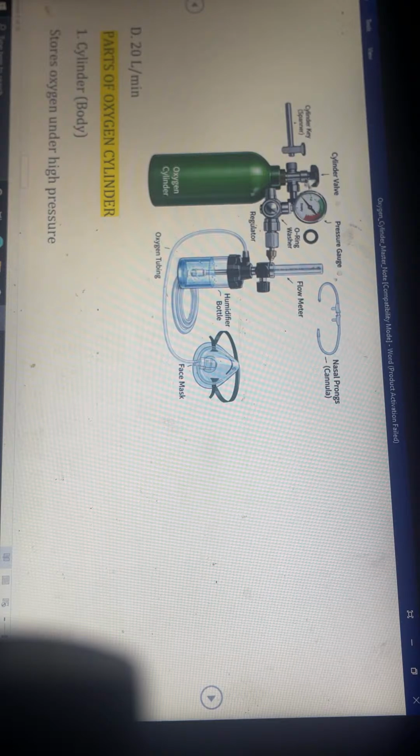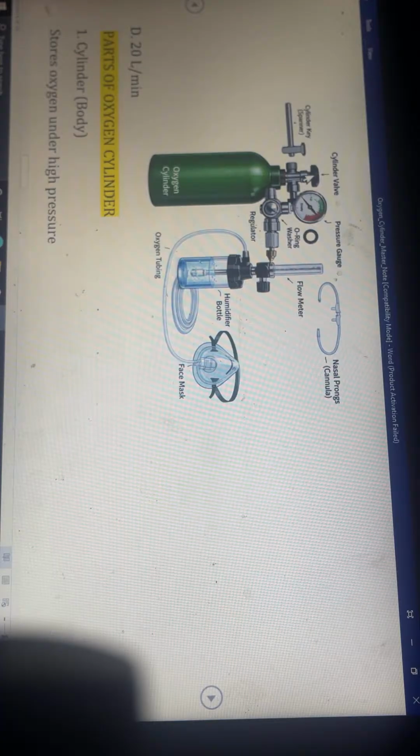This cylinder valve is the padlock. Don't forget, Nose Brainy showed you this black object on top of this oxygen cylinder. Nose Brainy called it the padlock, and the spanner is the key. Are we together? In case you are being given this for your Viva, this is the key. This is the padlock, the cylinder valve.